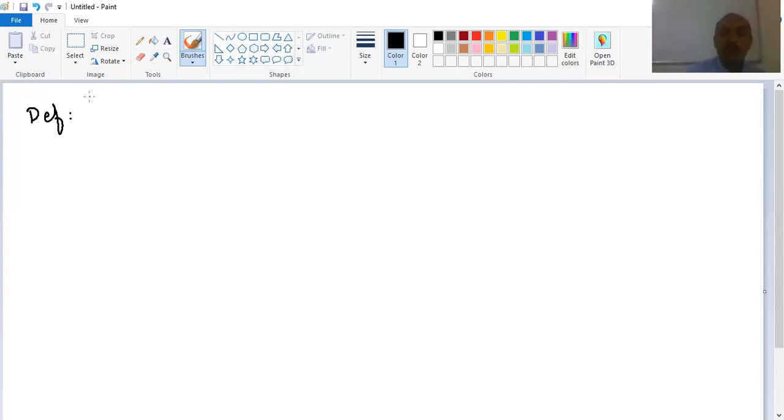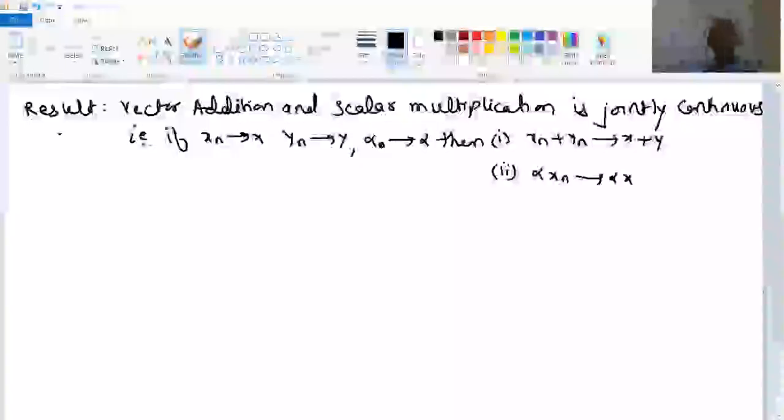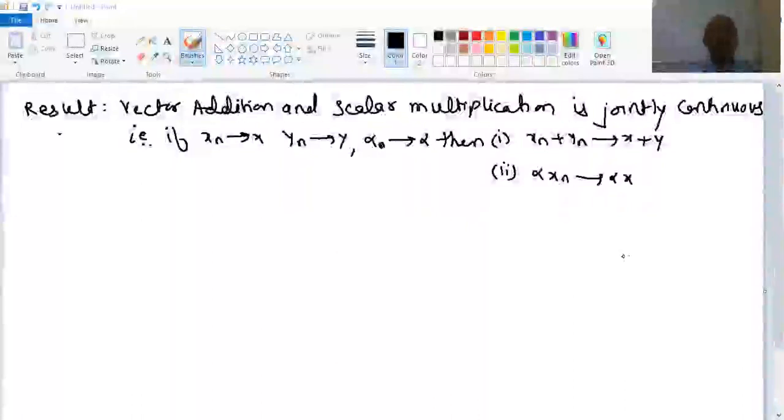Now, the next result is that vector addition and scalar multiplication are jointly continuous.